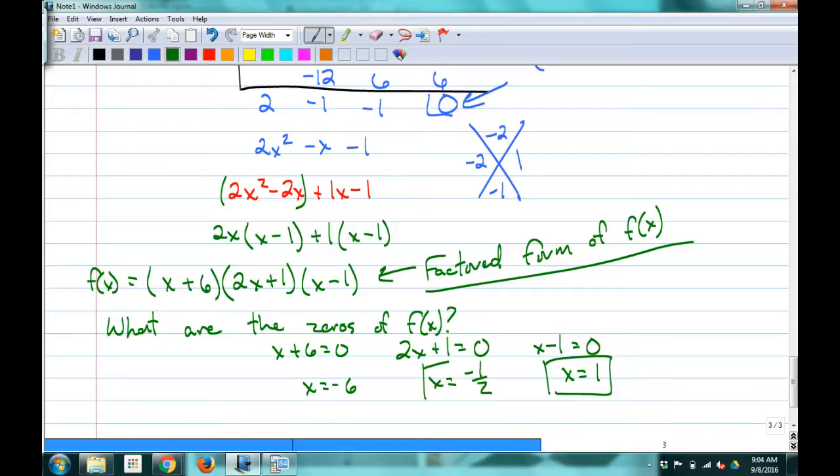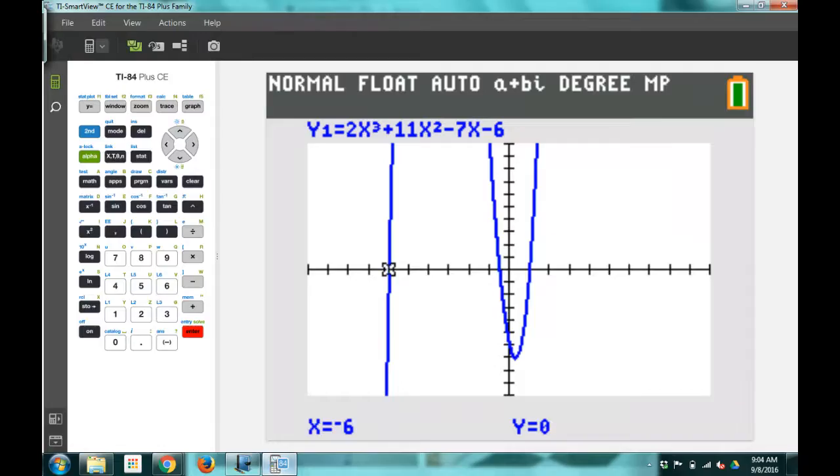What I want us to do is tie that together with that graph that we drew, or had our calculator draw. That number right there, what number is that? -1/2. That number right there, 1. That ties together with the zeros we found by factoring. They should match up.